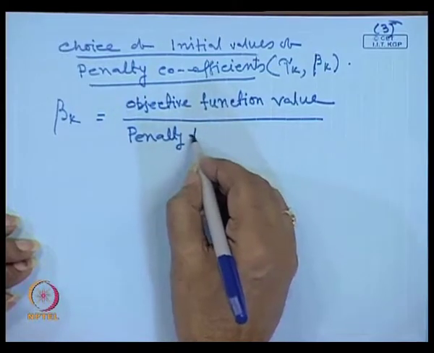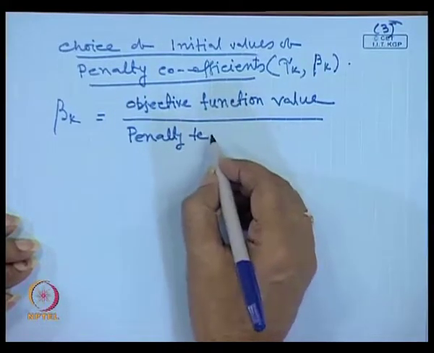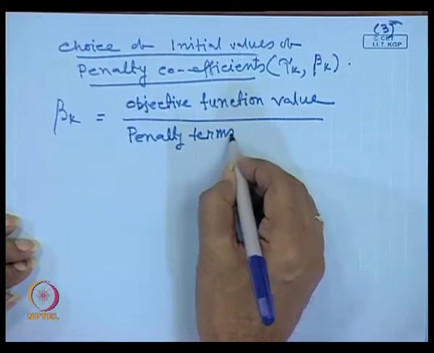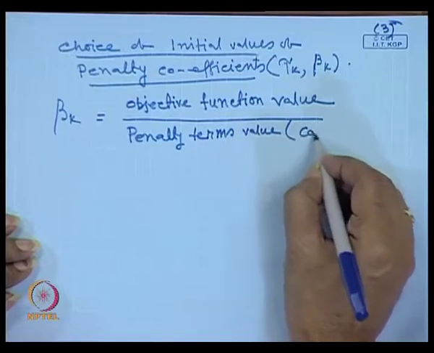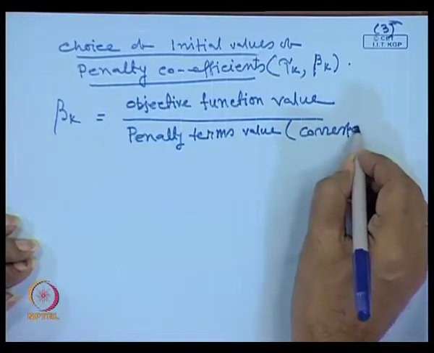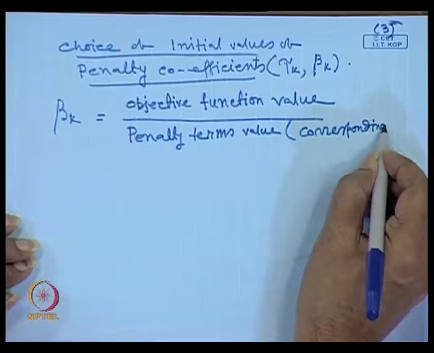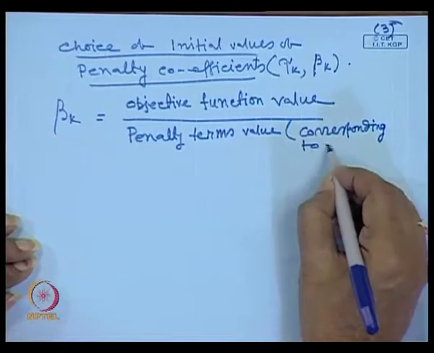For a general nonlinear programming problem with n decision variables, there will be n equations.